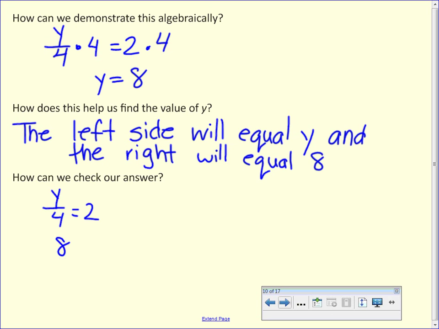And wherever I see y, I'm going to replace it with 8 because I know y equals 8. 8 divided by 4 is 2. 2 equals 2. So by substituting y with 8, it made the statement true. So that is the solution. Okay? Any questions on where any of these numbers came from?